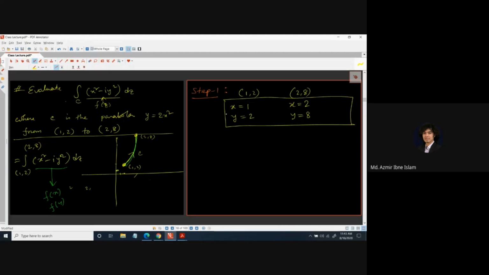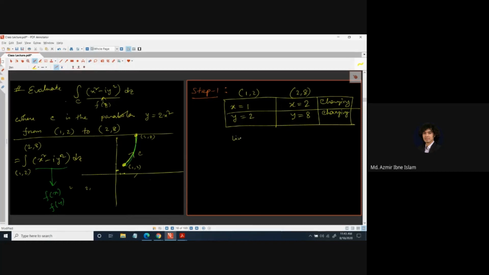You can see that x equal to 1, x equal to 2, so x is not fixed, x is changing, or x varies from 1 to 2. Similarly, y equal to 2, y equal to 8, so y is also changing.